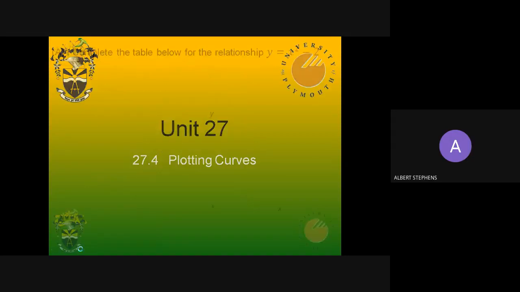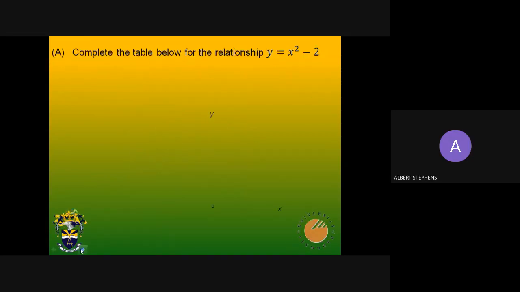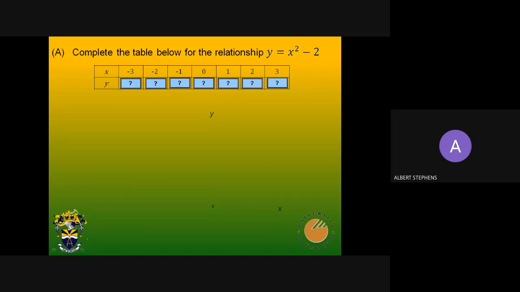All right, let's look at this now. Plotting curves. Please take off this question with this table. Write off that table for me.